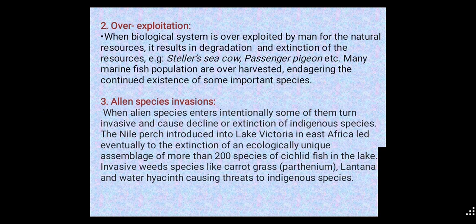Invasive weed species like carrot grass, also called Parthenium, Lantana, and water hyacinth cause threats to indigenous species.